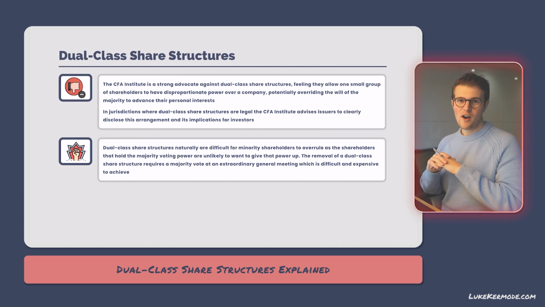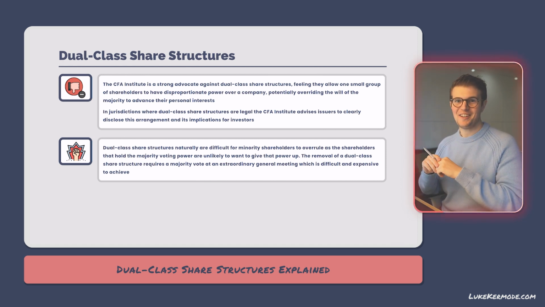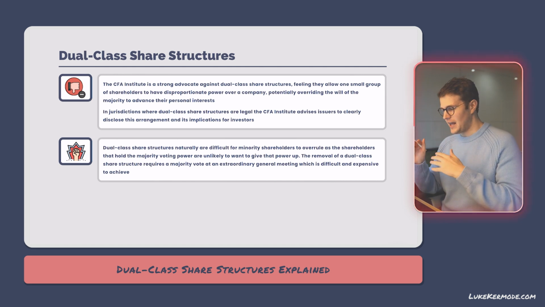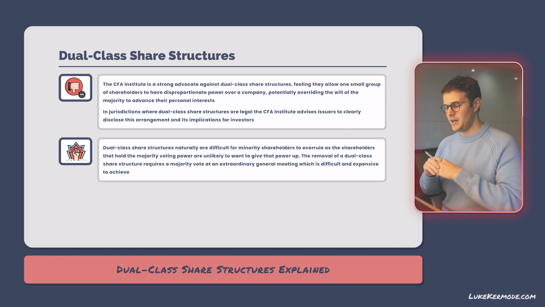And one thing to be aware of before going into the exam, which is specific to the CFA Institute: they do not like dual class share structures. They are a strong advocate against them. They feel that dual class share structures allow one or maybe even a small group of shareholders to have an unfair or disproportionate level of power over a company.